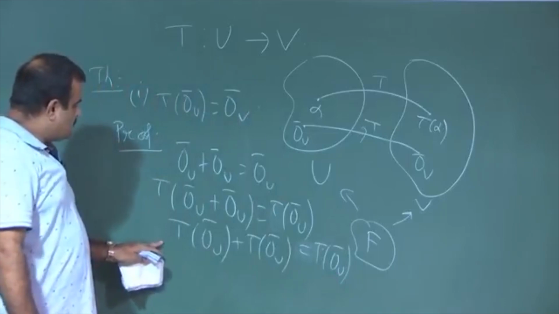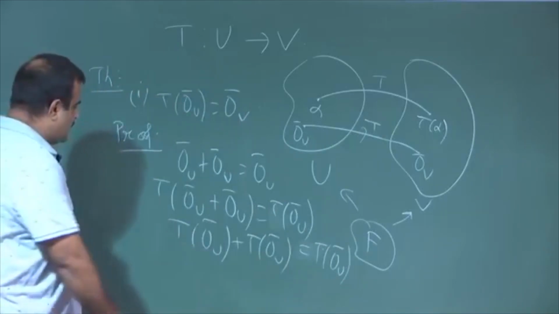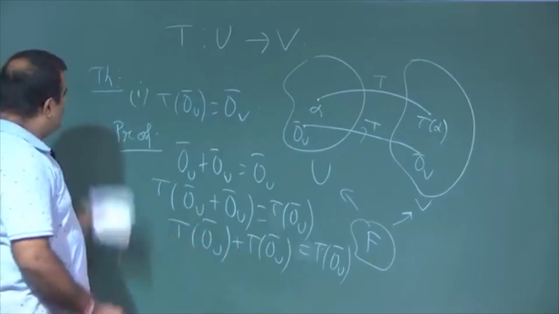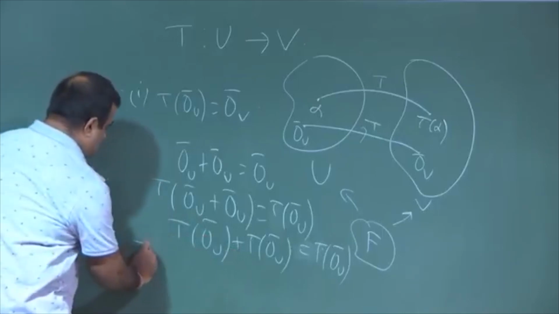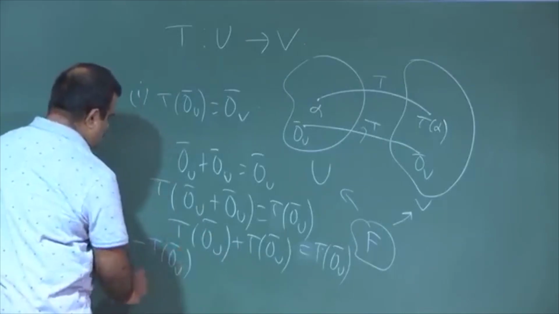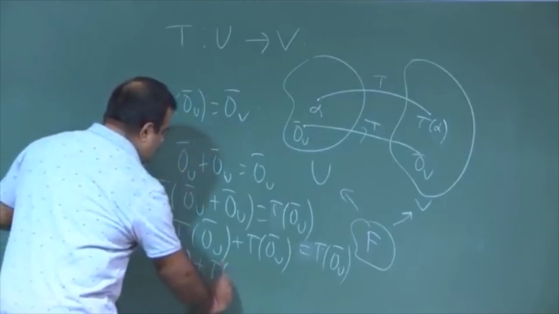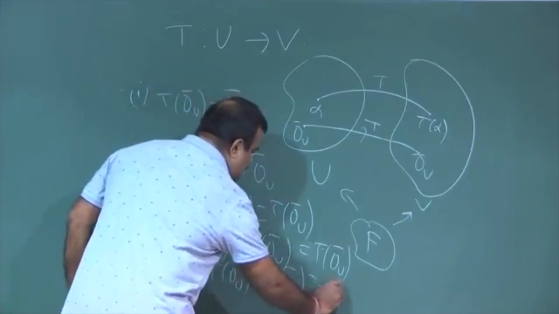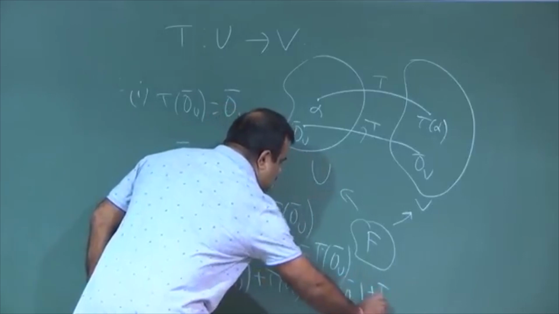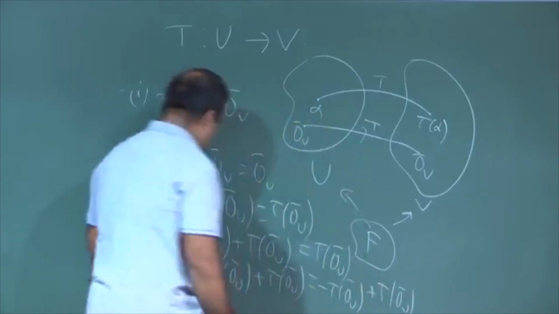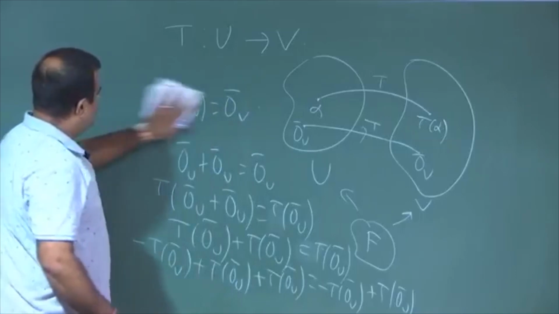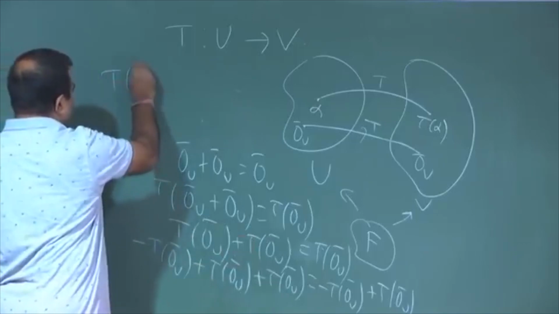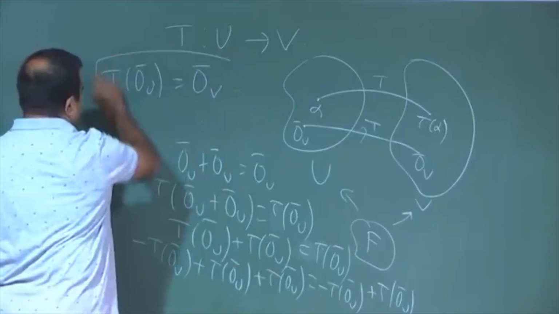Now, if we subtract T of 0_U from both sides and use the associativity law of this plus, then we take minus T of 0_U on both sides: minus T of 0_U plus T of 0_U plus T of 0_U is equal to minus T of 0_U plus T of 0_U. So, by the associative law this will cancel out, and T of 0_U is nothing but 0_V.